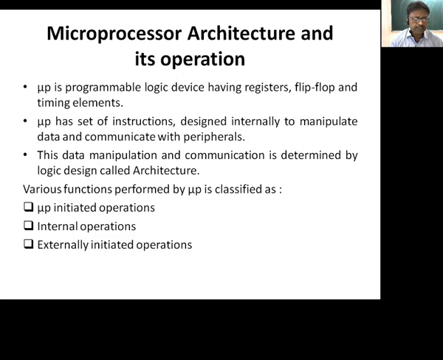For doing all these operations, whether it is the MPU initiated, internal, or externally initiated operation, the microprocessor requires a group of logic circuits, as well as a certain set of signals which are called control signals.